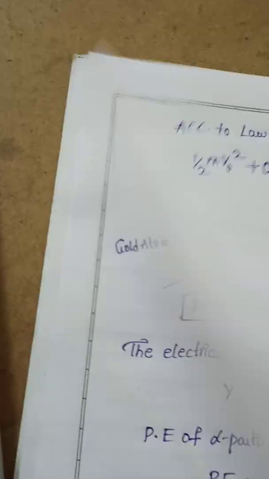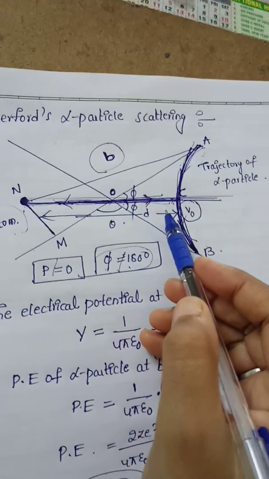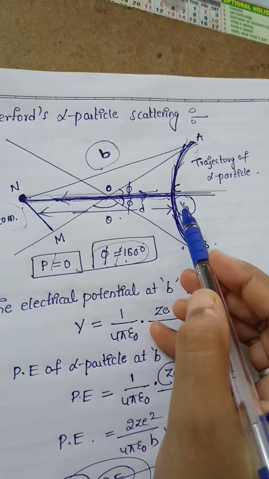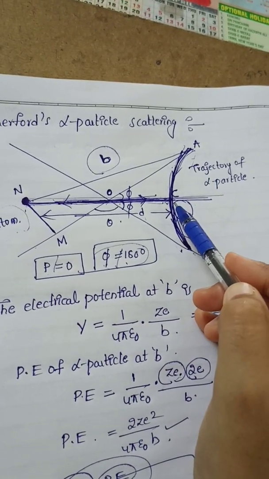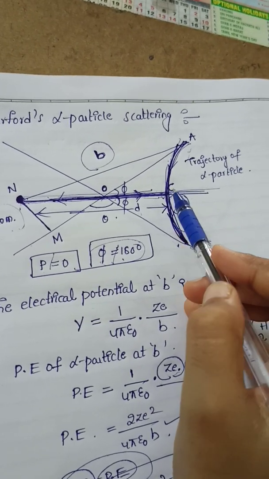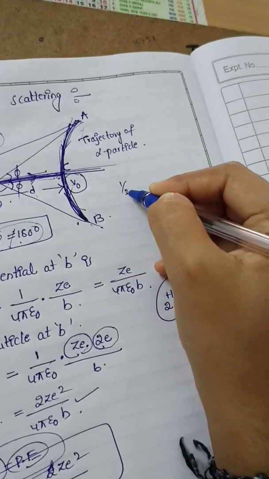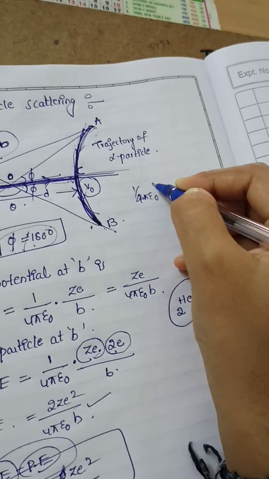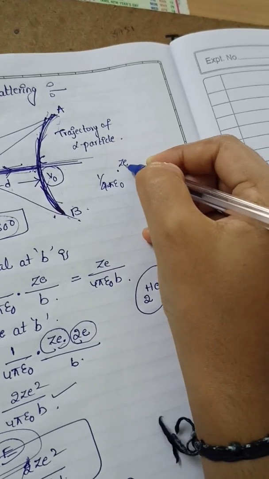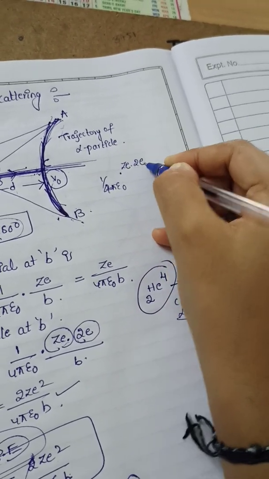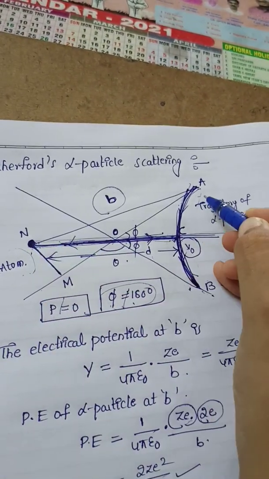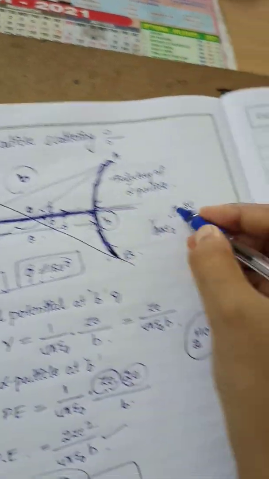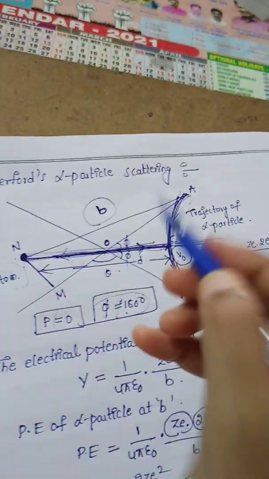Here d is the distance between N and C. So I am calculating the alpha particle's potential energy, that is 1 by 4 pi epsilon naught into Ze, the charge of the nucleus, and 2e, the charge of the alpha particle, divided by the distance of the trajectory from the nucleus. The distance is d here, that is NC.